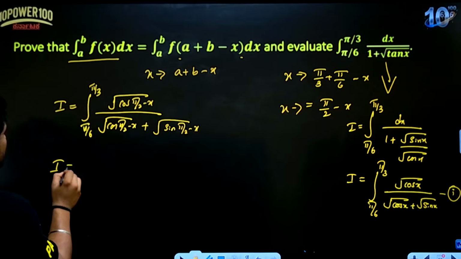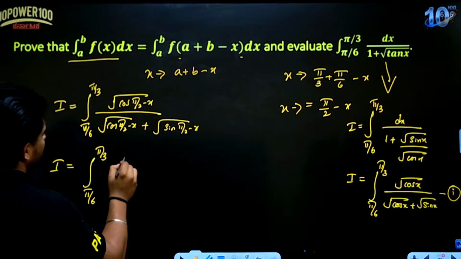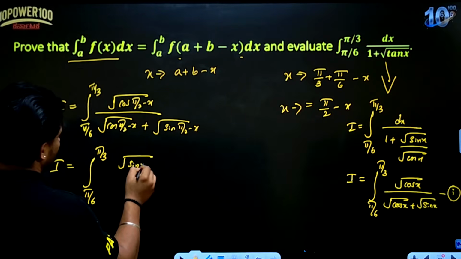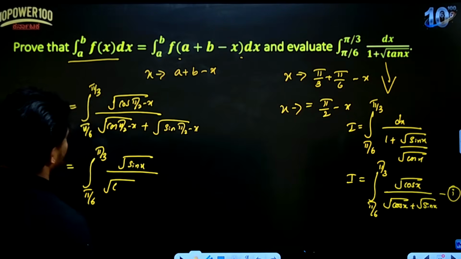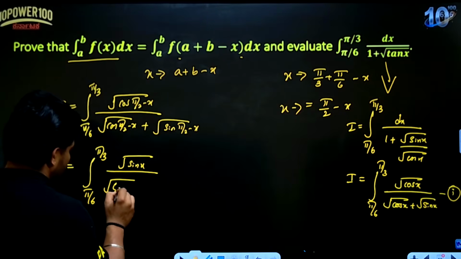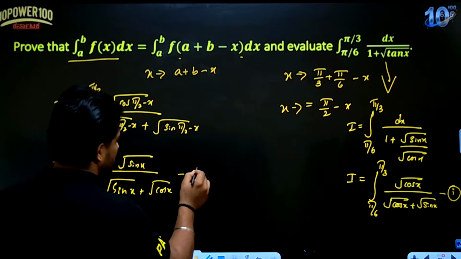So now this becomes root sine x, and this is root sine x only, no? Yes, sine x, and this is root cos x. So this is the second equation.